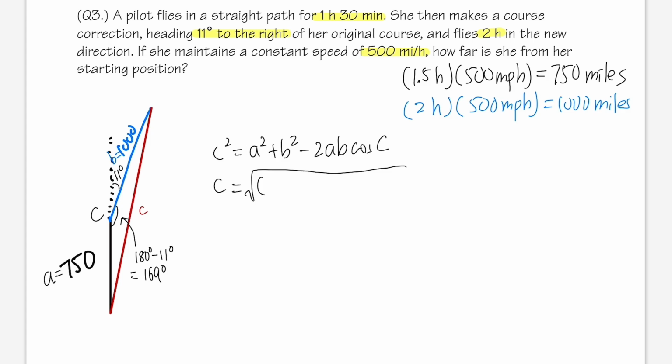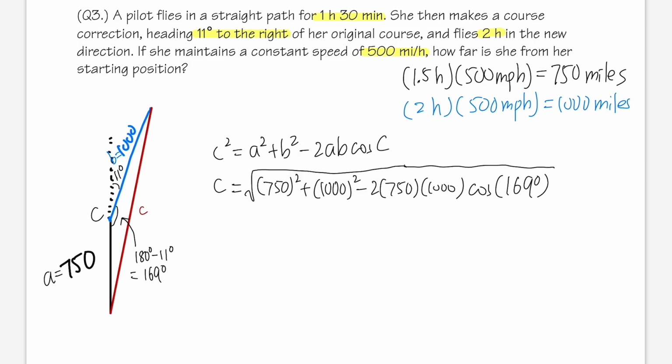All right, A is 750, and then square that, plus B is 1000. Square that, and then minus 2ab, so 2 times 750, and then 1000, and then times cosine of 169 degrees. Yeah, usually for the law of cosine questions, you get pretty big expressions, but the computations are just going to be on calculators.